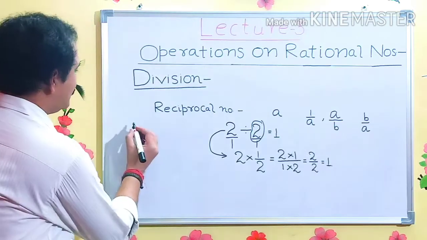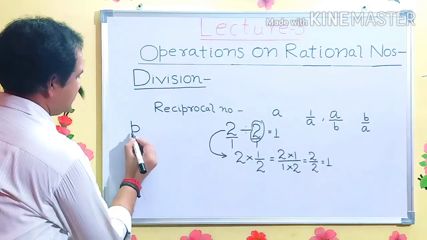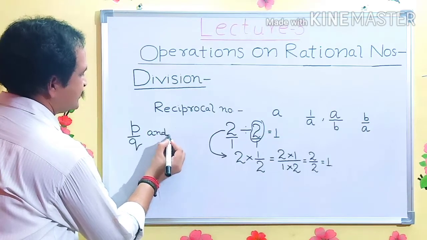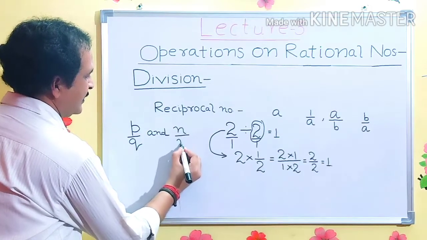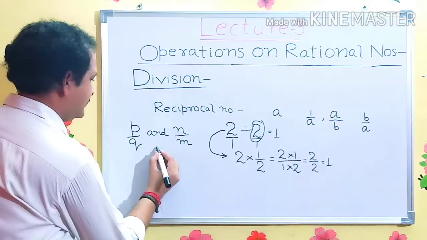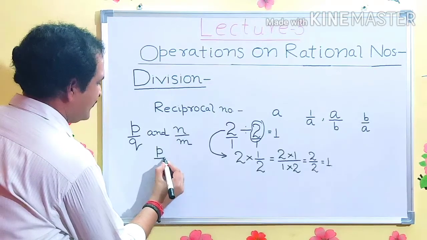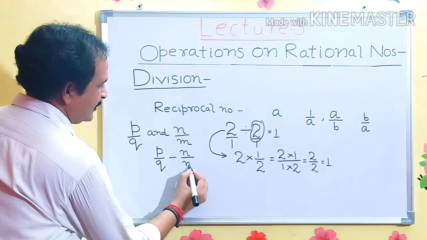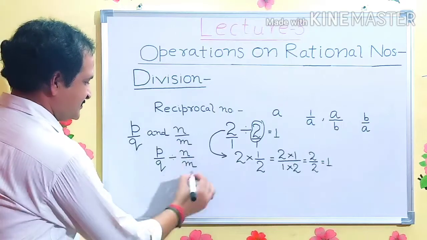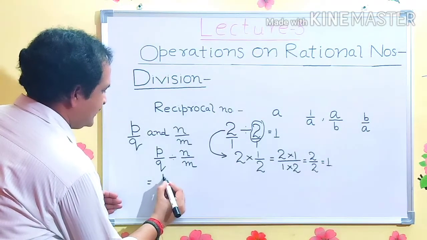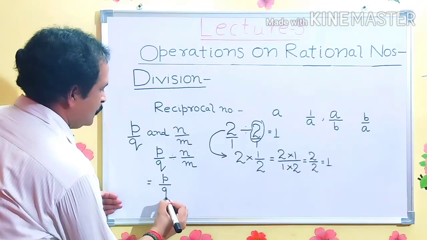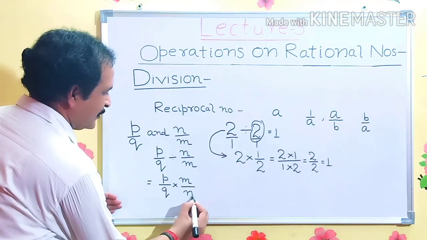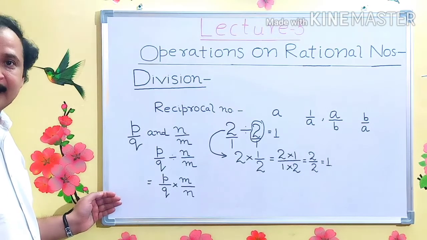So, suppose we have two rational numbers, one is p upon q and the other is n upon m, and we want to divide p upon q by n upon m, then it is equal to the multiplication of p upon q with the reciprocal of n upon m, and the reciprocal of n upon m is nothing but m upon n.